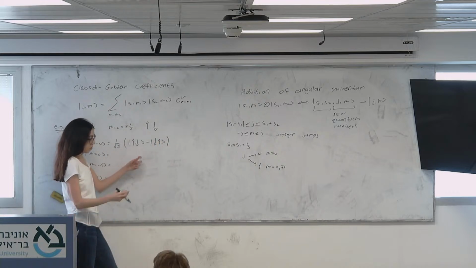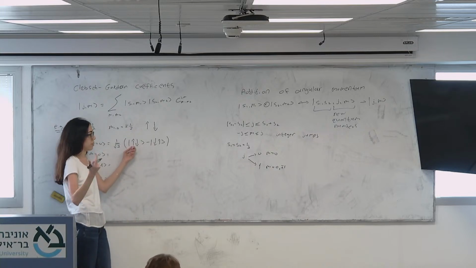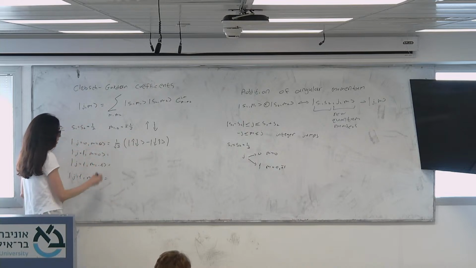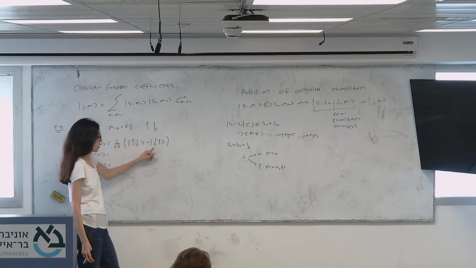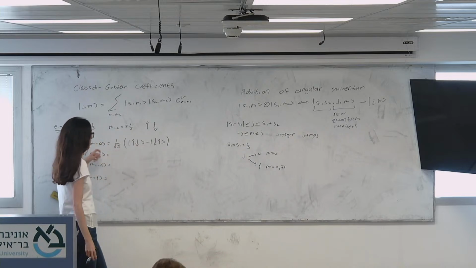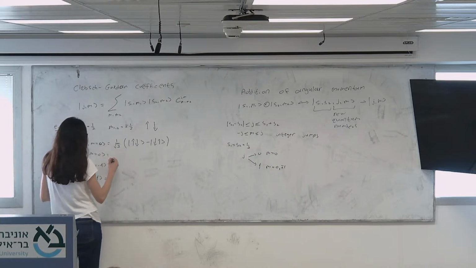We can check that we have m1 equal half and m2 equal minus half, so overall it's 0. And because we subtract the 2 states, we also get 0 for the total spin. So this is for the first one.